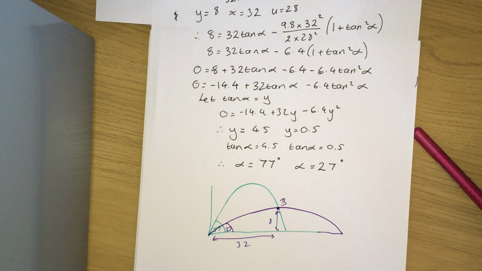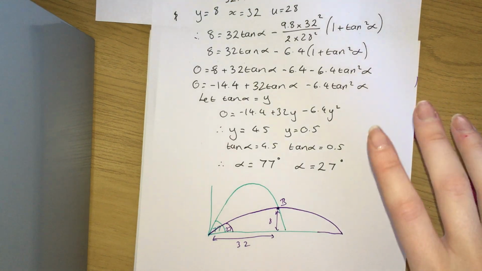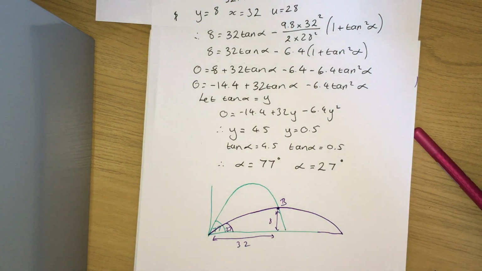But I think as long as you have knowledge of your SUVAT equations, and understanding of how to substitute values in, using time as a parameter if you've got two different equations to rearrange, then these problems are not as challenging. But it's more important that you're able to solve projectile problems generally.